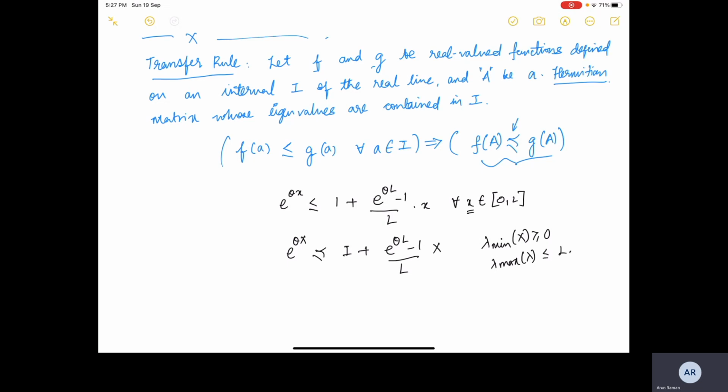We will be again invoking this transfer rule in the proof of matrix Bernstein inequality that we will discuss today.